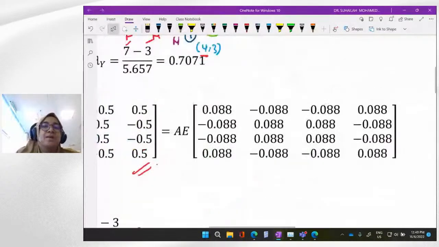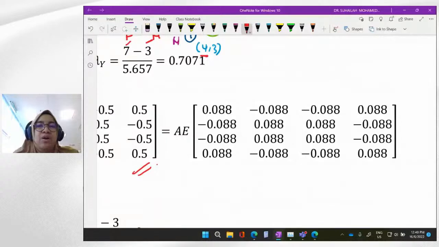This one is not completed, because the most important thing here is the degree of freedom labels. We have to label the degrees of freedom.